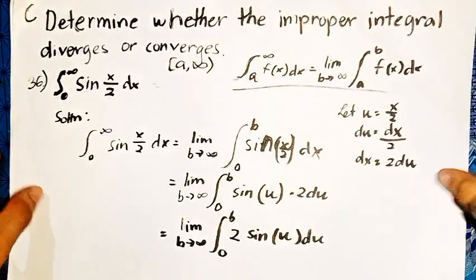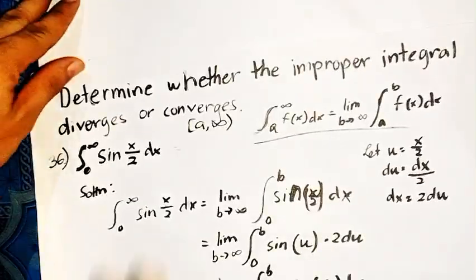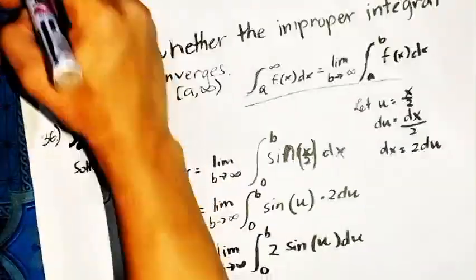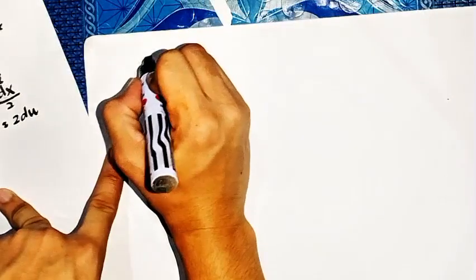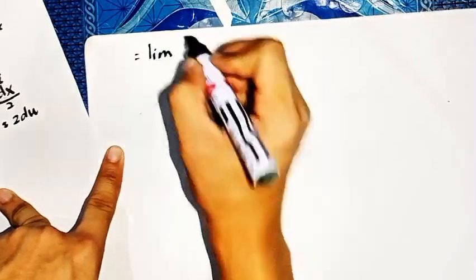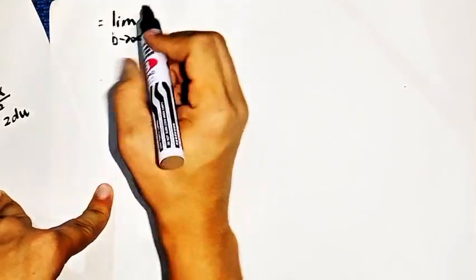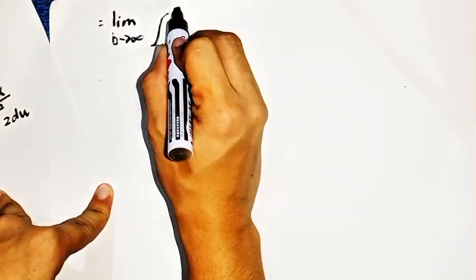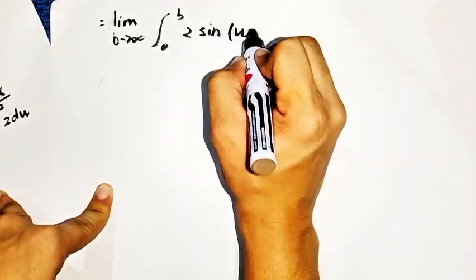Now let's copy this function. So we have limit b approaches infinity, 0 to b, 2 sine u du.